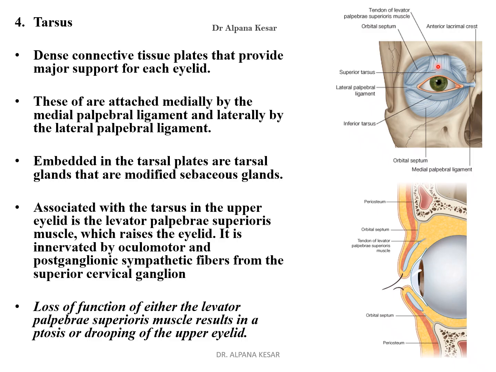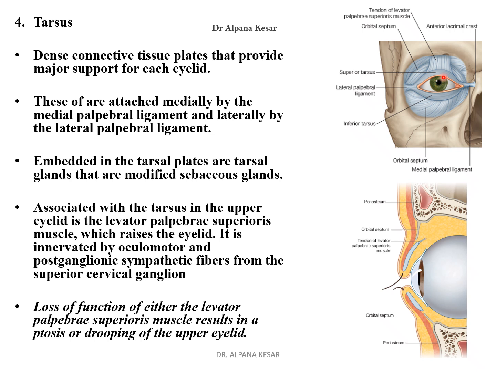Attached to the tarsus is the tendon of levator palpebrae superioris muscle. The levator palpebrae superioris muscle helps in raising the eyelids. It is innervated by oculomotor nerve, which is the third cranial nerve, and also the postganglionic sympathetic fibers from the superior cervical ganglion.